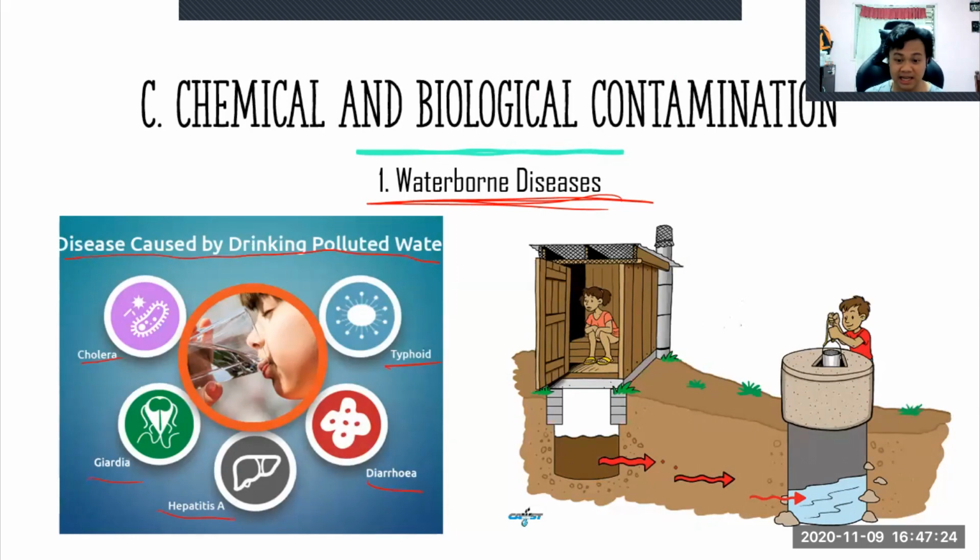Actually, it will leak, and then it will go to the water supply of your neighborhood, which is the deep well. And you know, some use this for drinking, and then they will get the disease. So that's one of the causes, or one of the contaminants of our water.